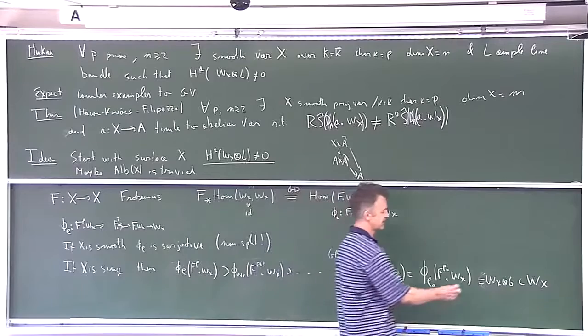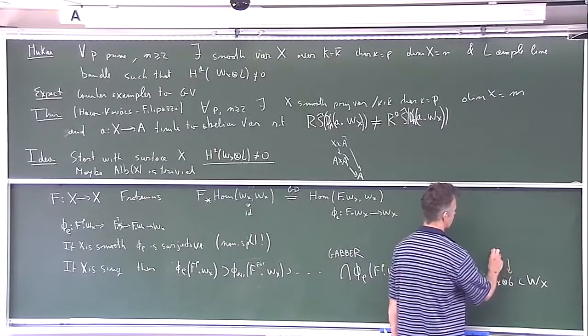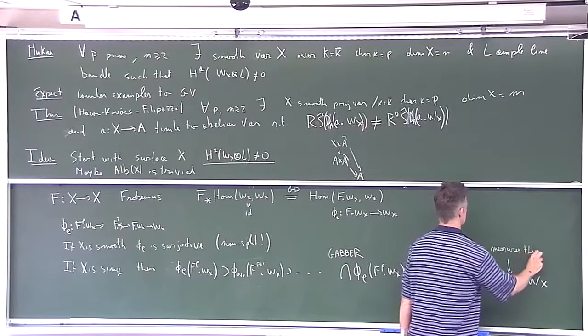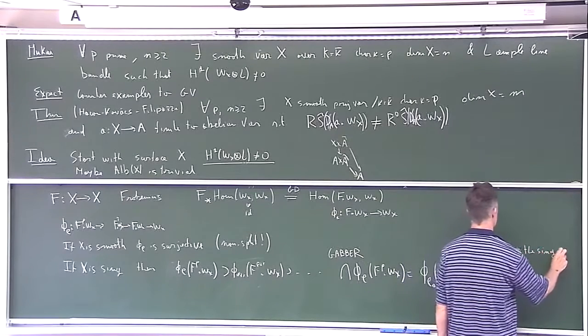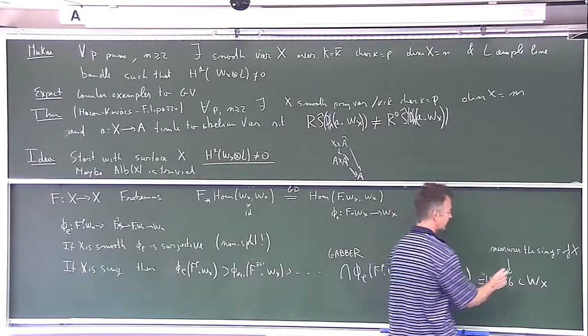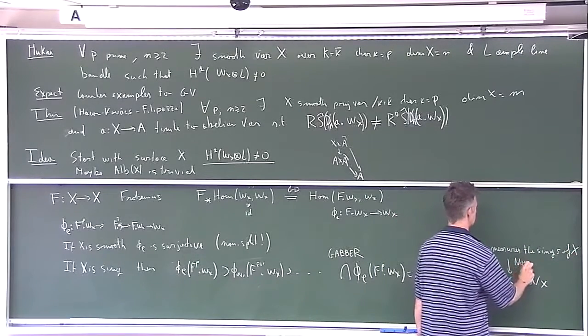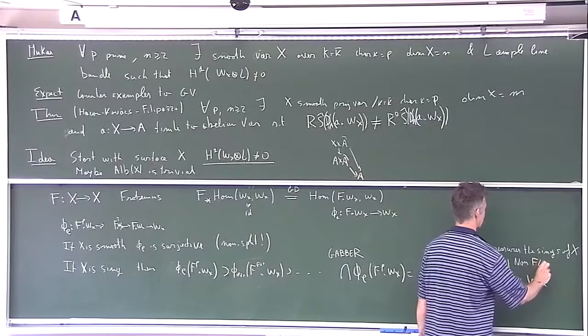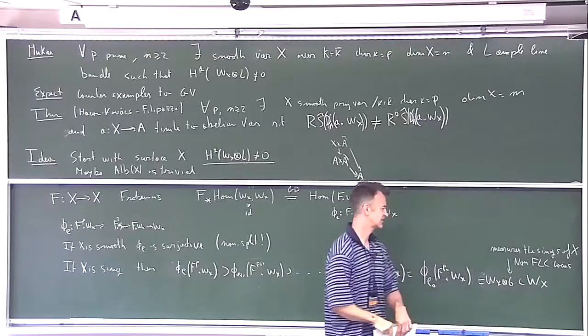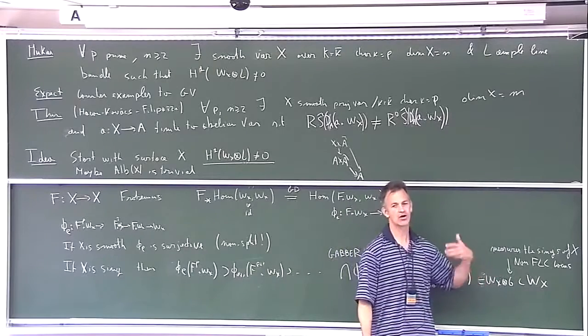Okay, so you would think of this σ as measuring the singularities of X. Roughly speaking, it's the non-F-log canonical locus. So, if you are in characteristic 0, it should correspond to the non-log canonical locus.